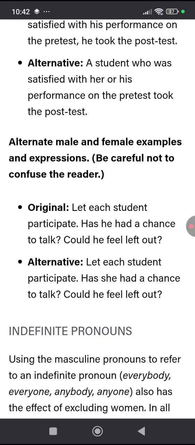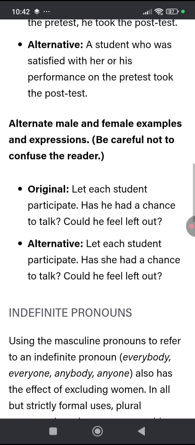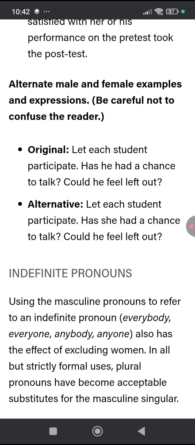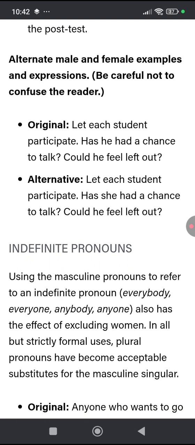Alternate male and female examples and expressions. Be careful not to confuse the reader. So we can interchange male and female pronouns. In the original, let each student participate. Has he had a chance to talk? Could he feel left out? So in these sentences, it is thought that each student is masculine. But the alternative says, let each student participate.